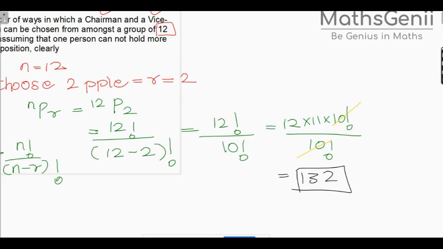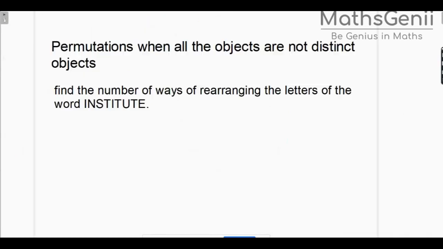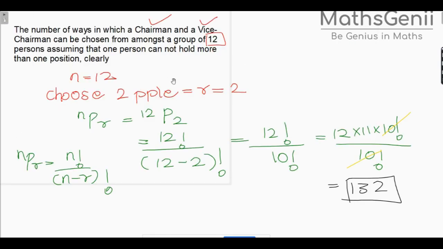I hope you have understood how to apply the formula. Now, this was a type without repetition, right? No repetition. People were different, correct? So it is a no repetition type question.